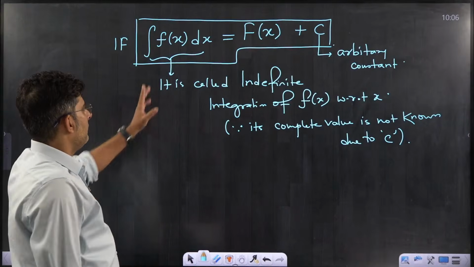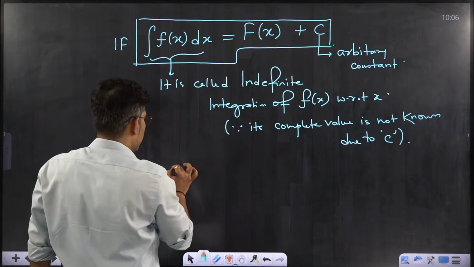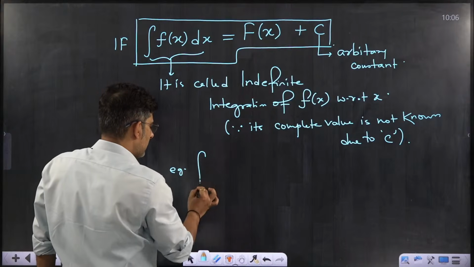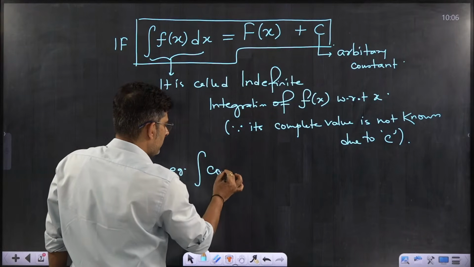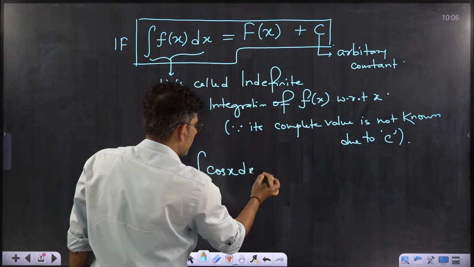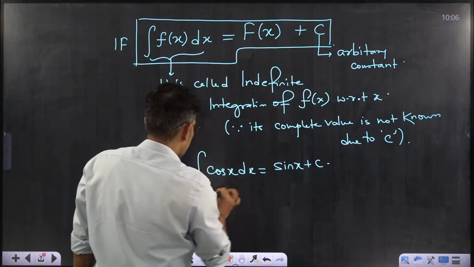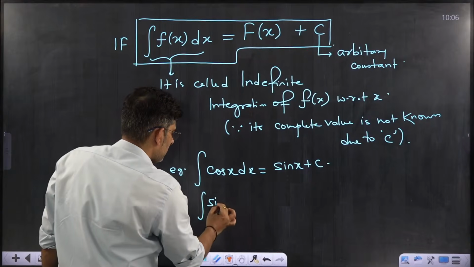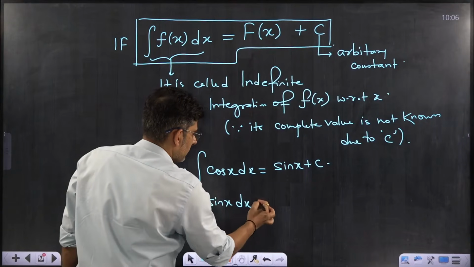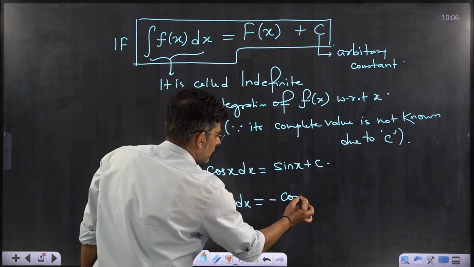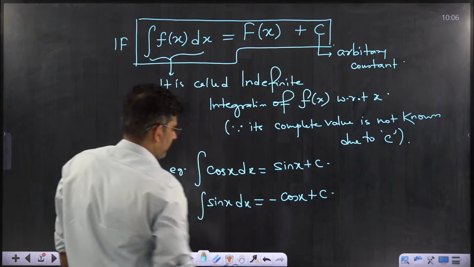Now in this we have seen examples which I am again writing. If you integrate cos x with respect to x, you get sin x plus c. When you integrate sin x, you get minus cos x plus c.